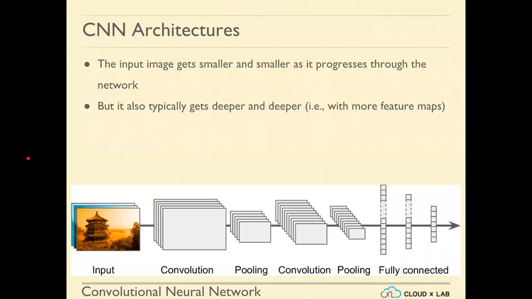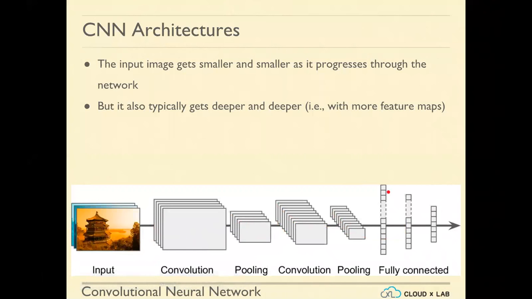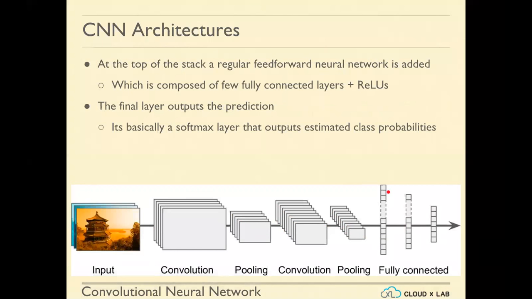Here there were only 3 dimensions. When we applied, say, five filters, we got five feature maps. Then we applied more, so the dimension is reducing and the number of feature maps is increasing. Once we are through it, we generally put a fully connected network afterwards. At the top of the stack, a regular feed-forward neural network is added.